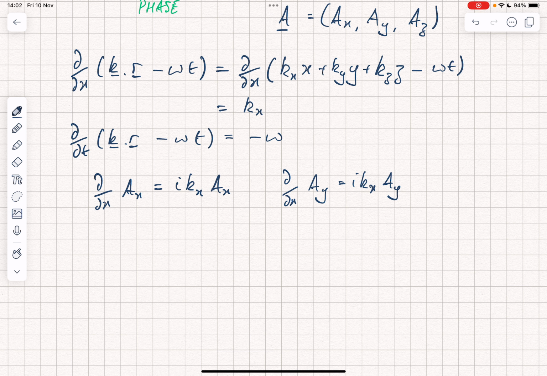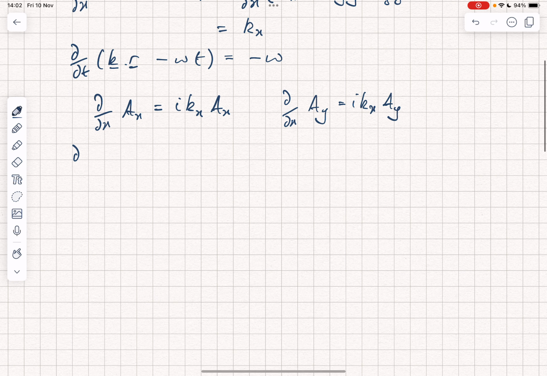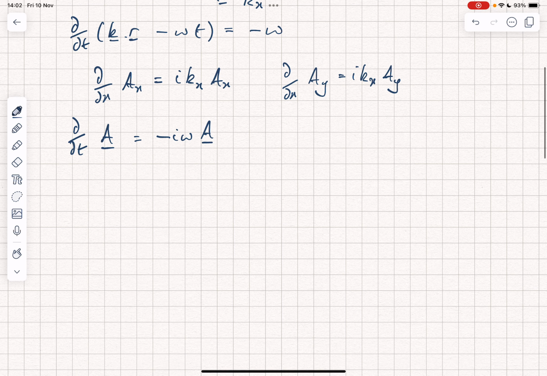So now we've got these different forms, let's just think about how we would act on the whole vector. So d by dt of A is equal to minus i omega A. That comes straightforwardly from those differentials we've just derived.